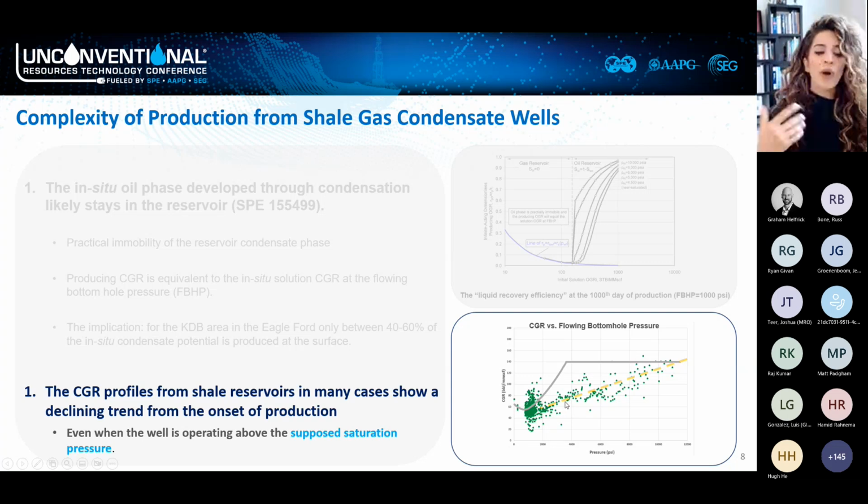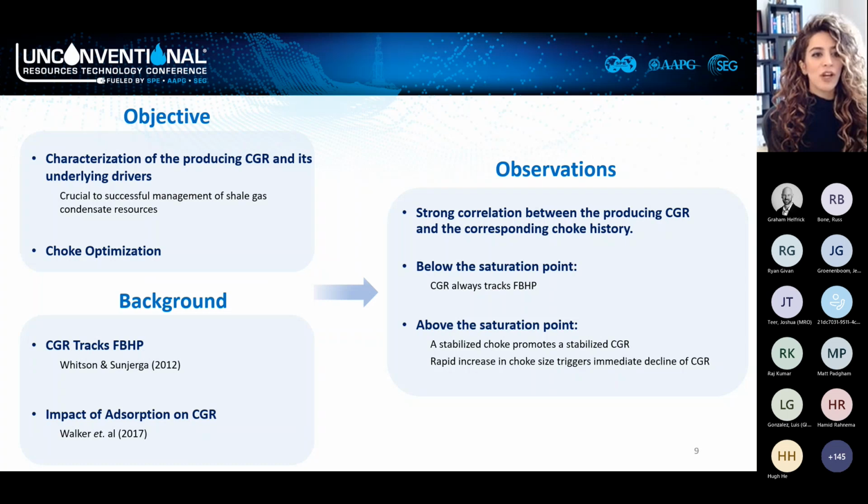So again, more reason why characterizing CGR is very important for optimization of production for gas condensate wells. In the face of those intricacies, characterization of producing CGR is inevitable for production optimization, and that was one of our main objectives for this study.